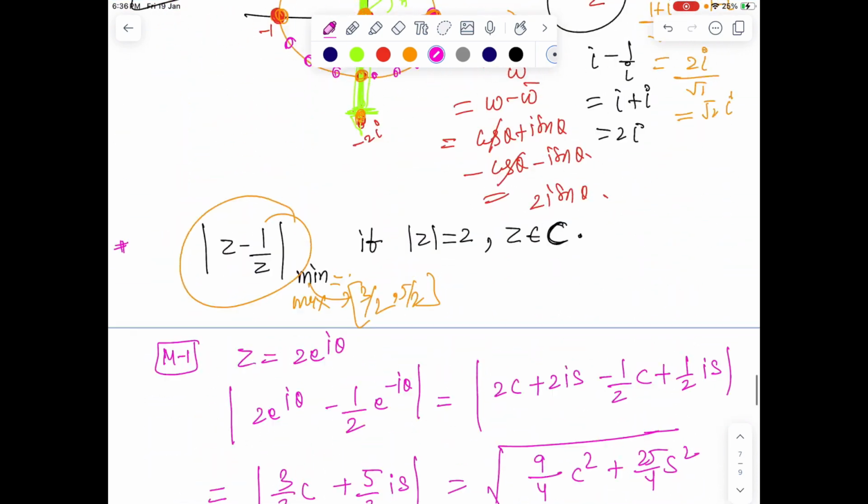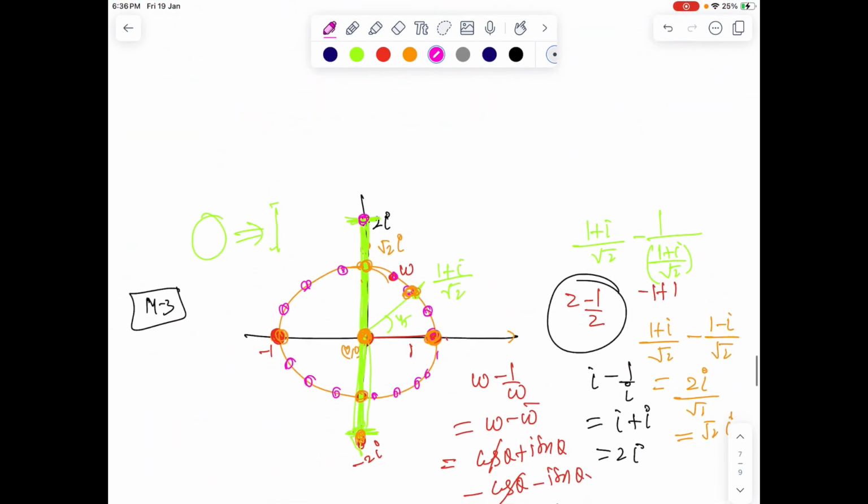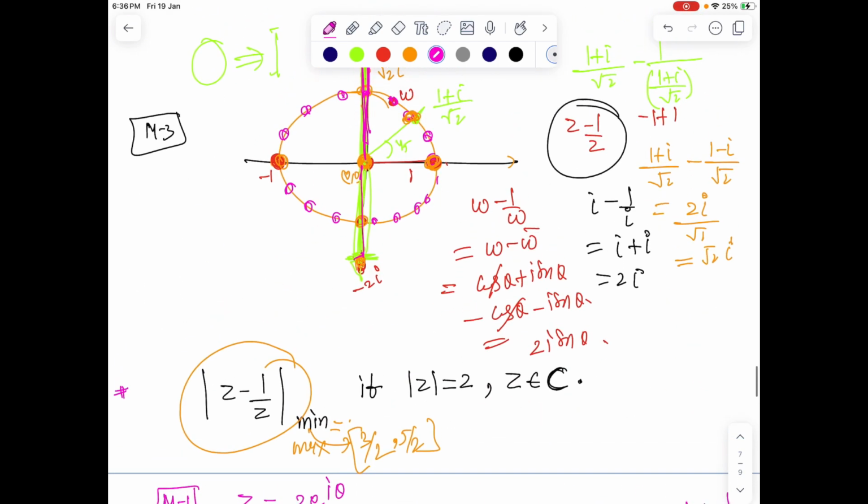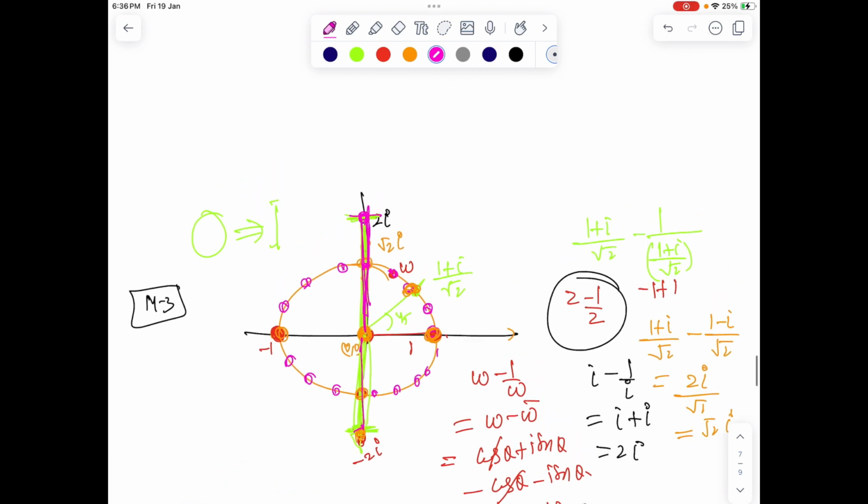What is the maximum value of z minus 1 by z you are getting? Is there any point for which we'll get the maximum and the minimum value?